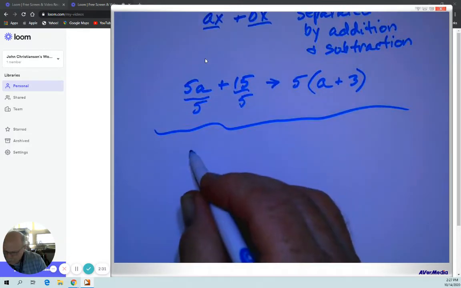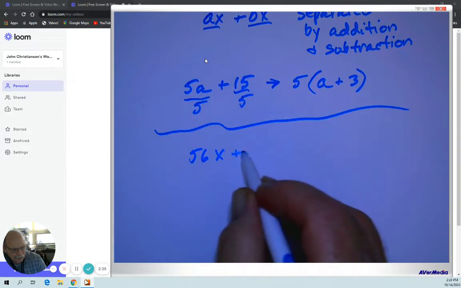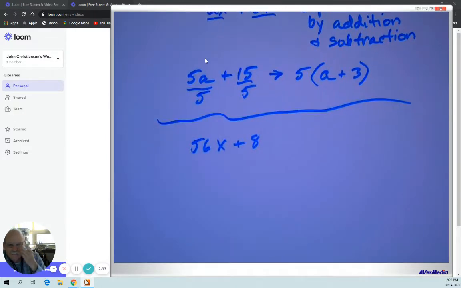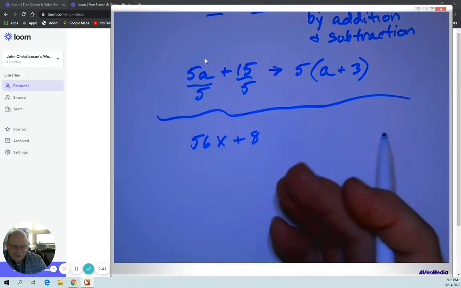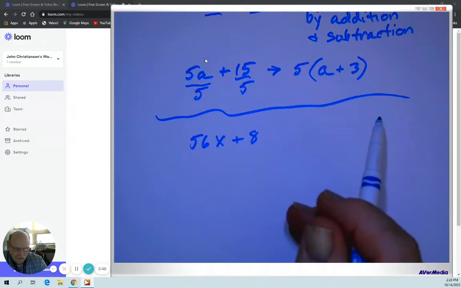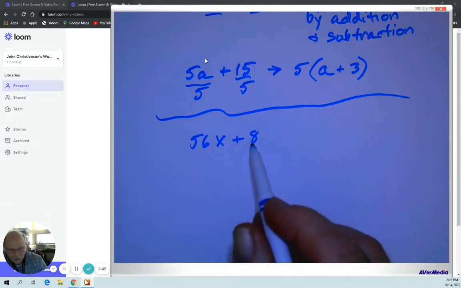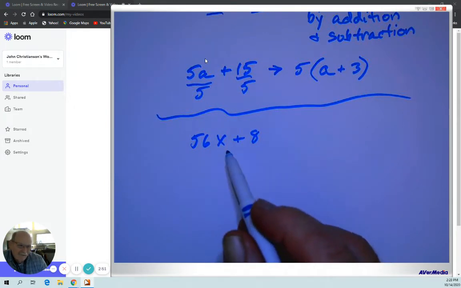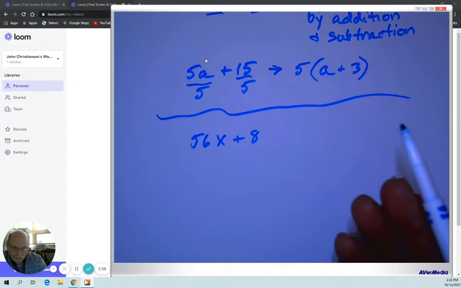So if I said 56x plus 8, well, looking at this, just on the face of it, I know 8 goes into 56. So I don't have to necessarily go looking to see what the factors are. But if you do, then do so, right?